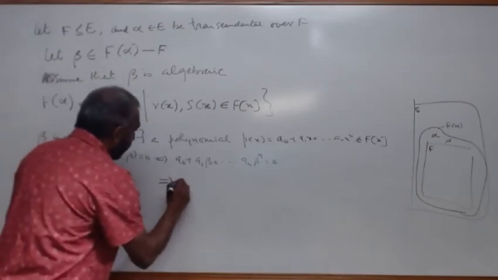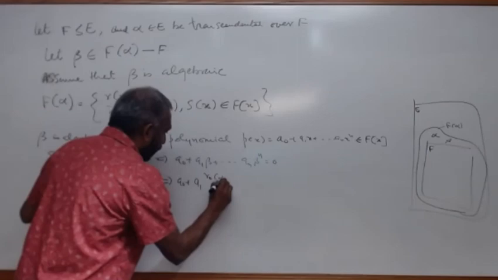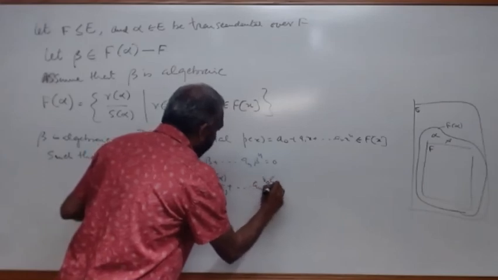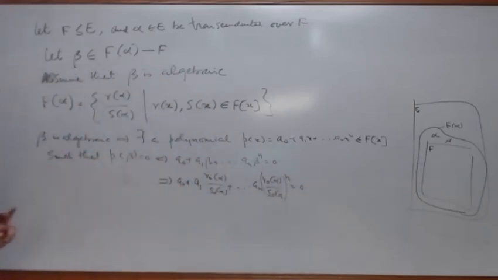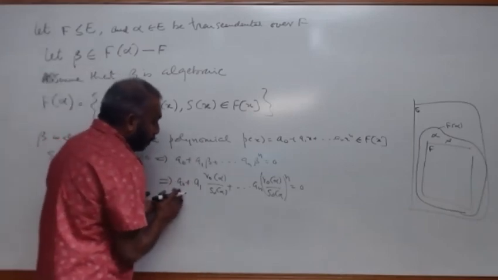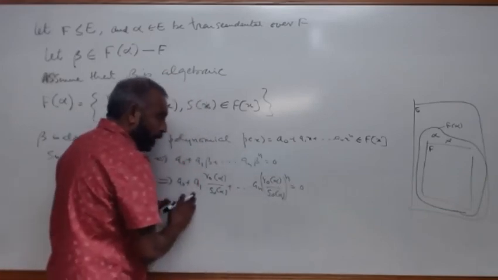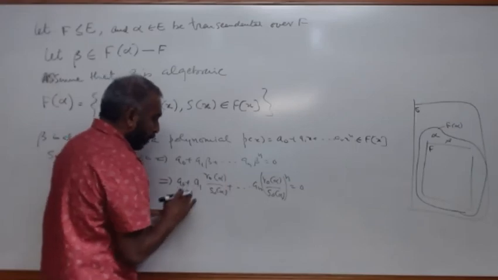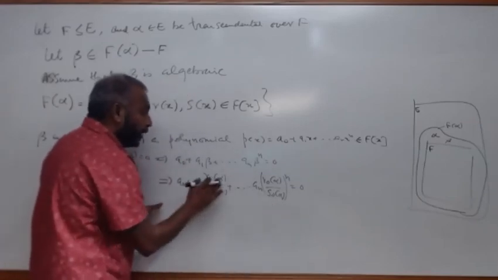So this implies a0 plus a1 r0 of alpha by s0 of alpha plus dash dash dash an r0 of alpha by s0 of alpha whole to the power of n is equal to 0. Now, just like we did earlier, we are going to multiply the whole equation by s0 of alpha to the power of n and regroup the elements with alpha, so we write this as a polynomial in alpha.